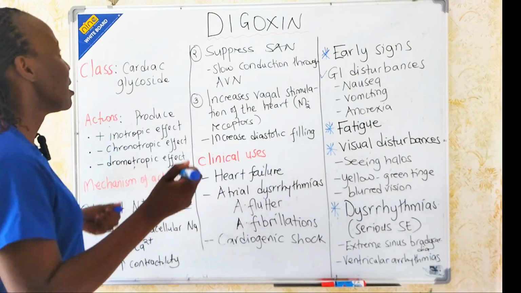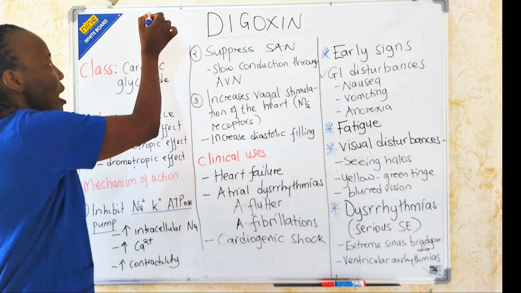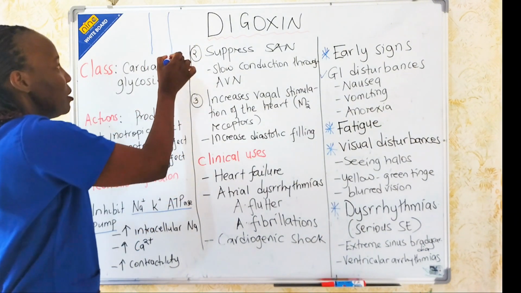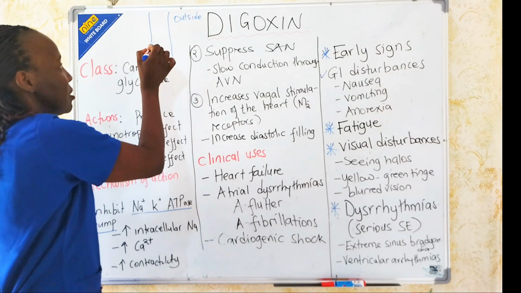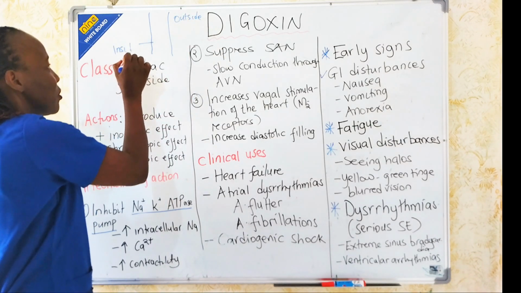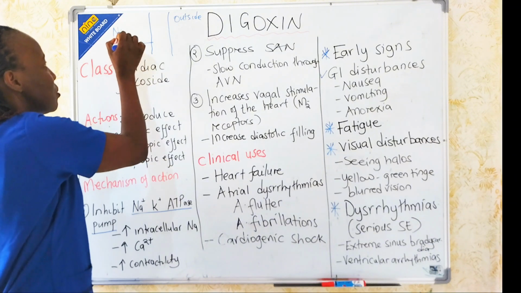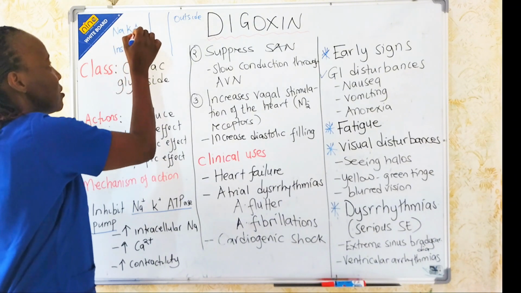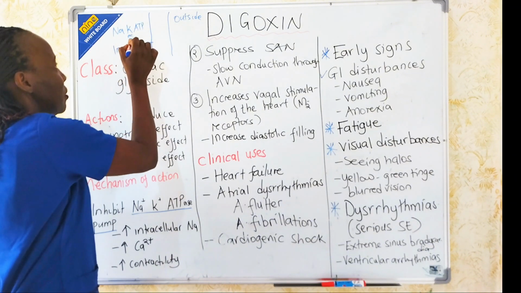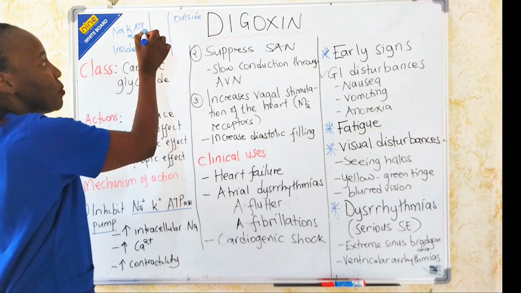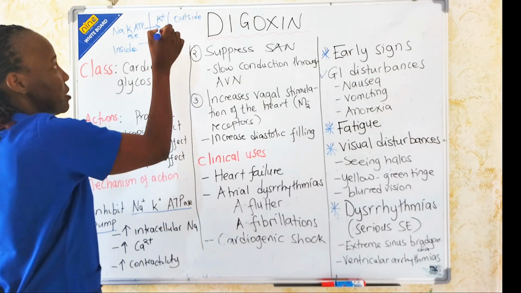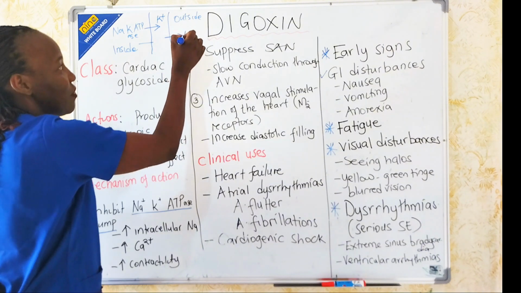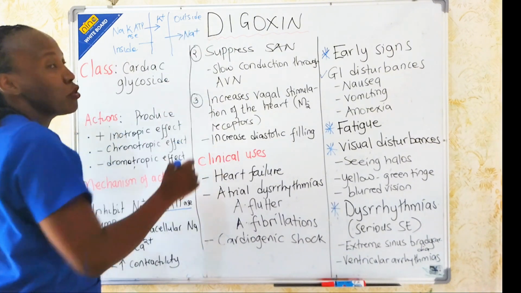So we would think about it in this way. This is outside of your cell and this is the inside of your cell. So the sodium potassium ATPase is going to push potassium inside the cell and then drive sodium out of the cell.